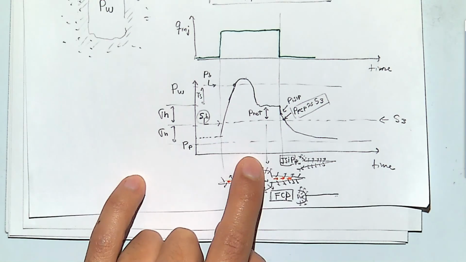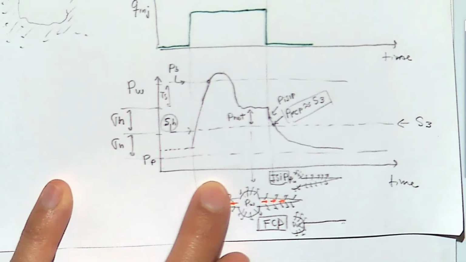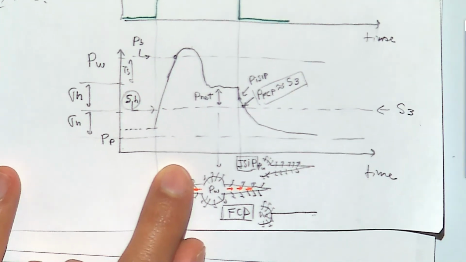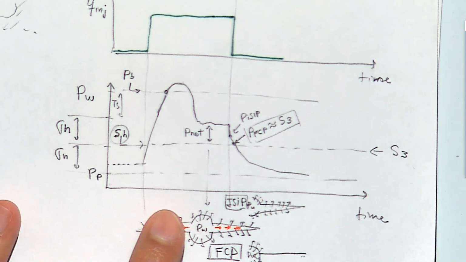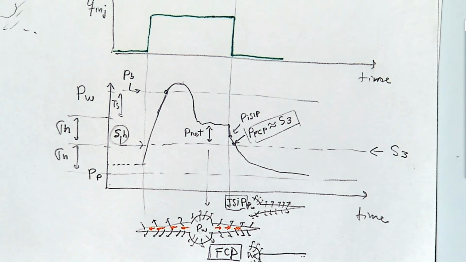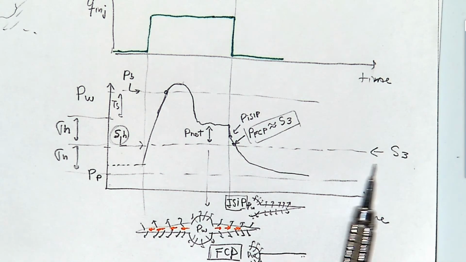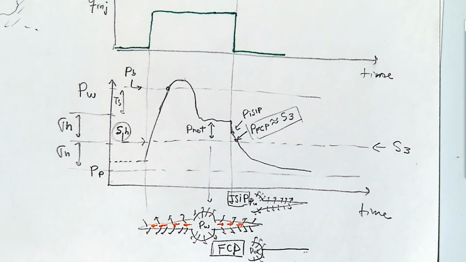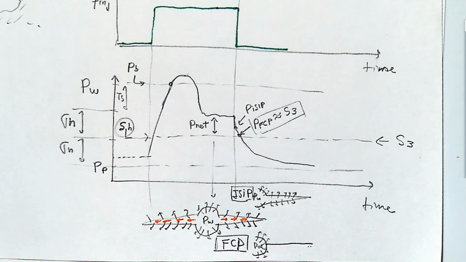In this ideal schematic, I made the fracture closure pressure to be almost the same as the minimum principal stress, and that would be the ideal case. But sometimes it may not be exactly like that.